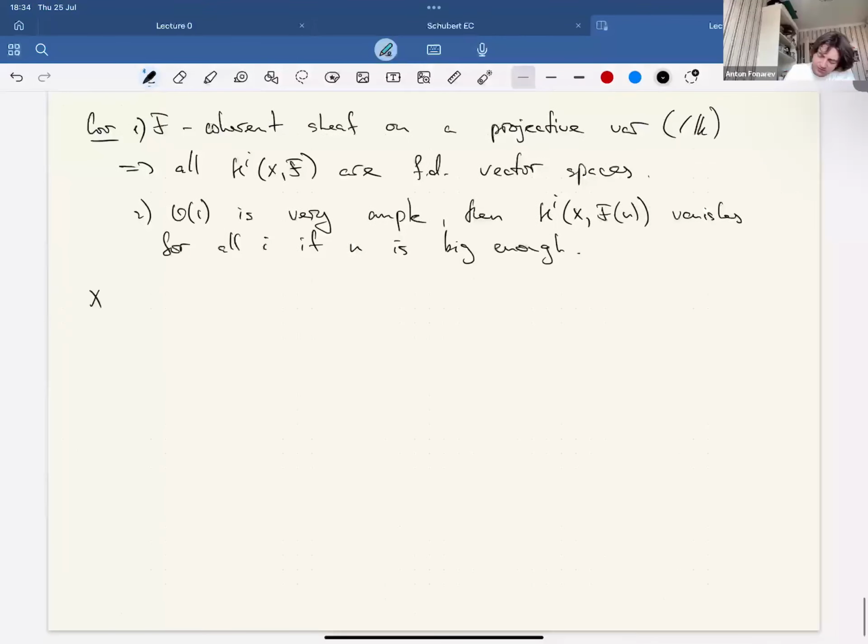So now let X be a smooth projective variety. And then if it's a smooth projective variety, then in particular we have omega, which is the cotangent bundle, which is a locally free sheaf.